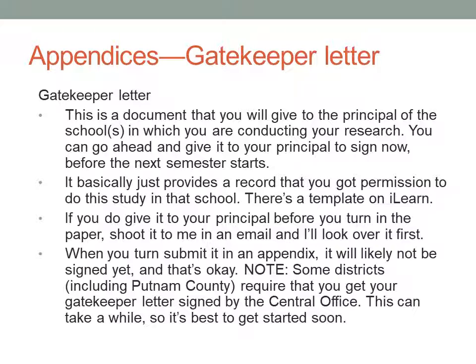I'm doing a project on teachers' perspectives on IEPs. I will be observing an IEP meeting and interviewing teachers, and I have permission to do this. And then it's signed by the principal or the central office. You have to get this gatekeeper letter signed before you start collecting data.